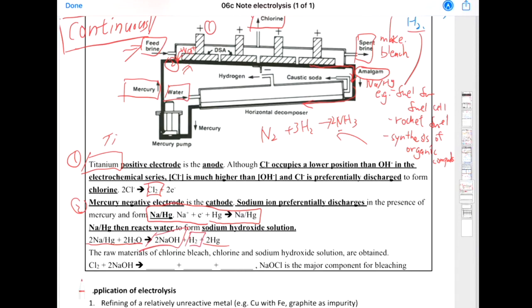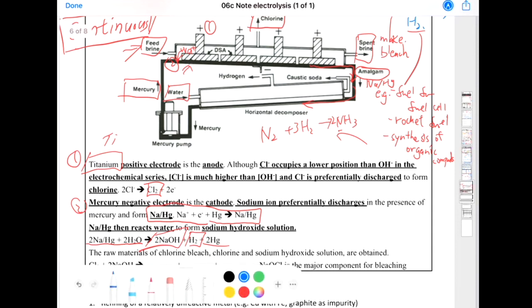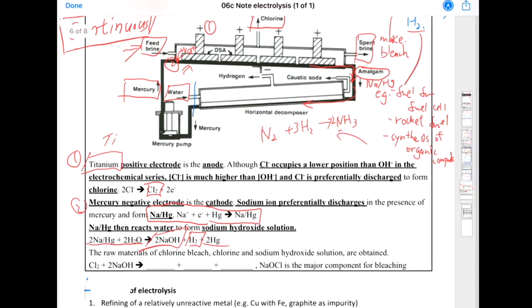And the clever part of this setup is that there is no separation in the part I highlight in blue. There's no physical separation. The substances are all separated because of their density difference. The lower part is mercury, or mercury with Na inside.